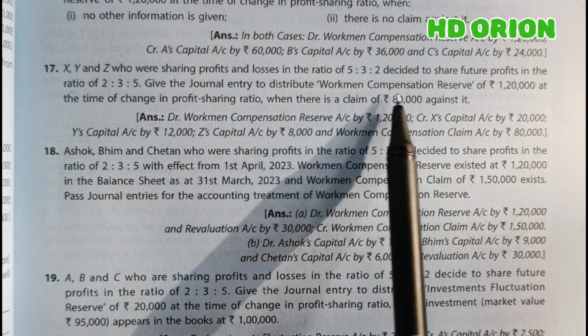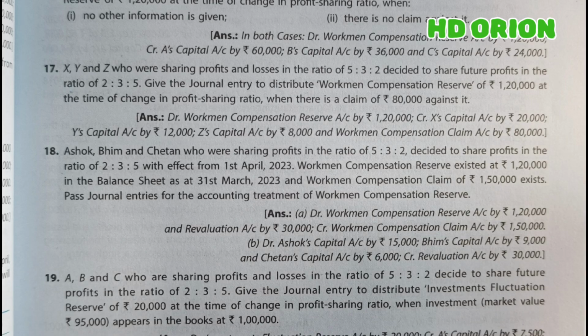So workman compensation reserve is made in order to compensate the workers in case there is a claim. The claim can be regarding any type of loss or injury to the workmen in the factory or in the business place. So it is the responsibility of a good employer to compensate the workers with some amount of money.